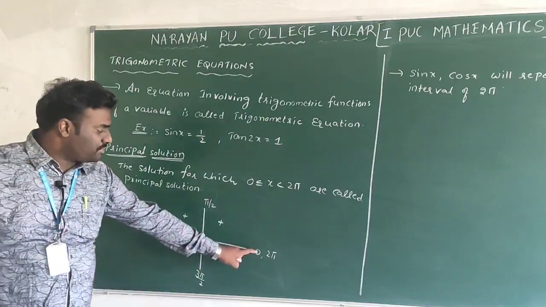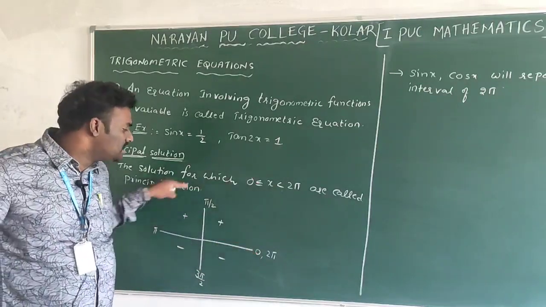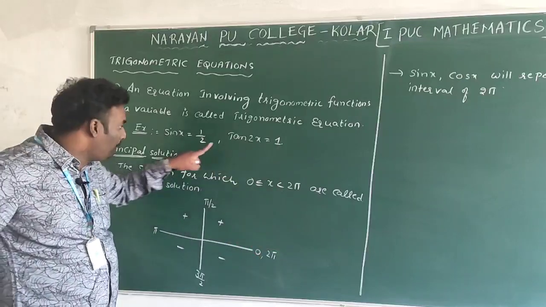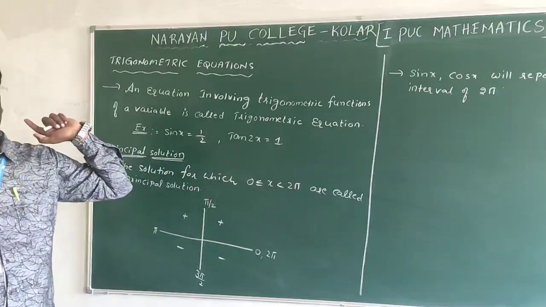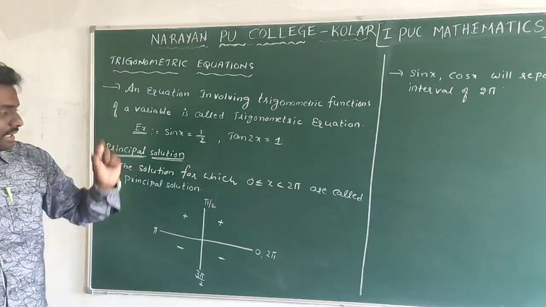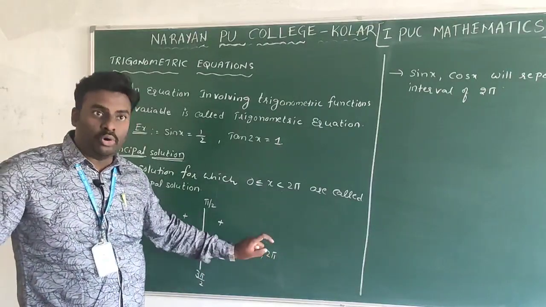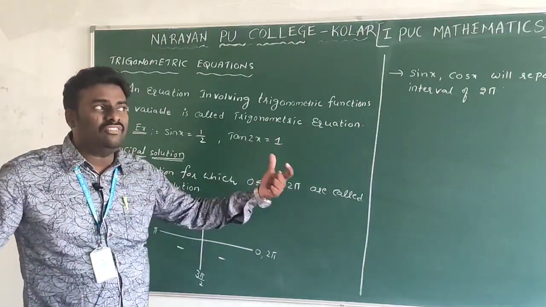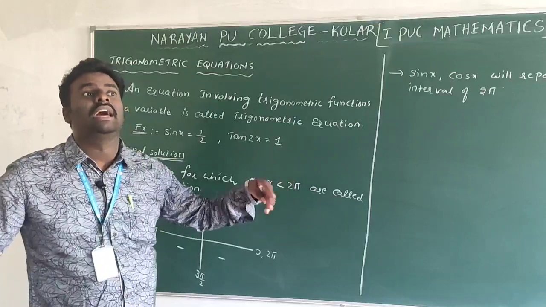If you start from 0 and end with 2 pi, one complete revolution will be over. After 2 pi only, the sin function values will repeat.